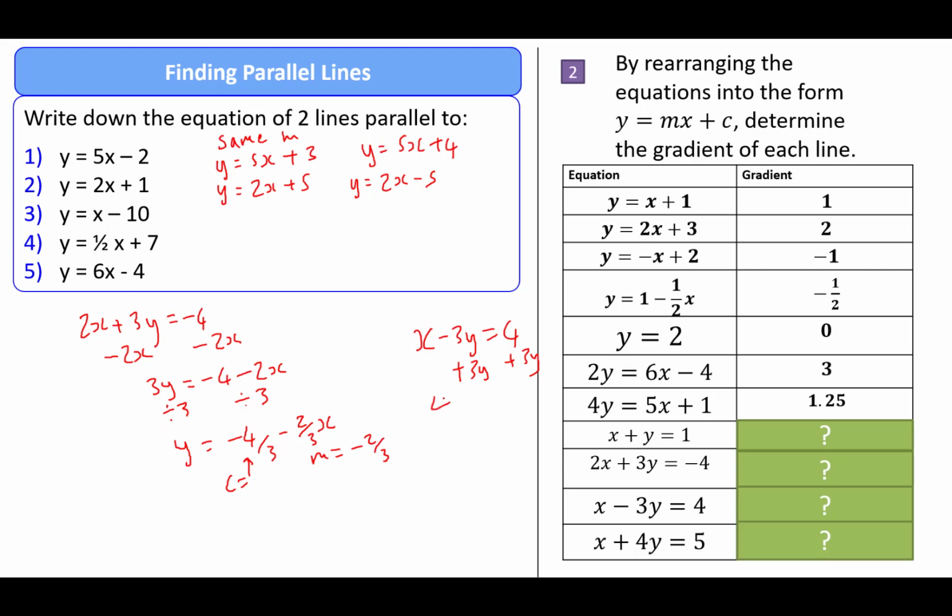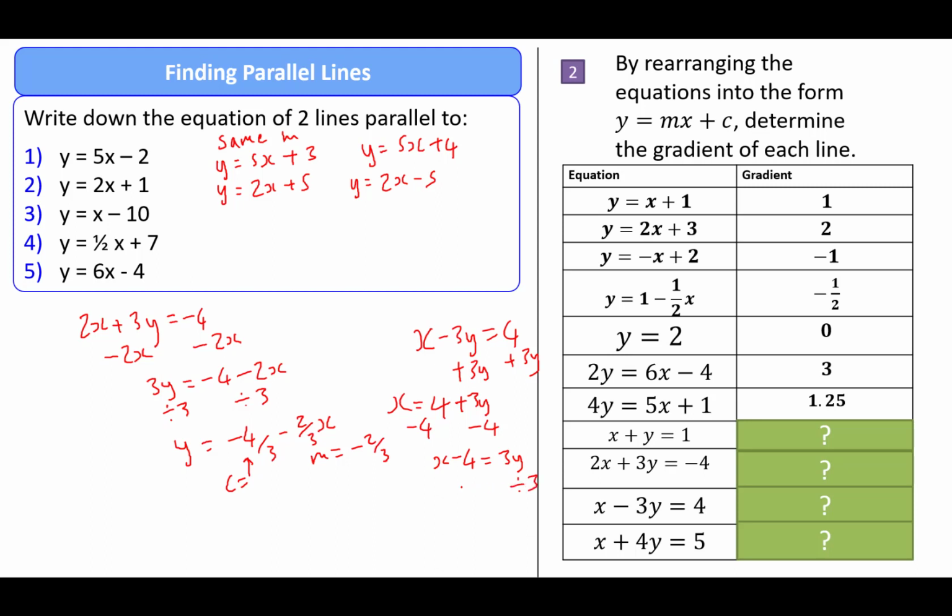So you get 4 plus 3y equals the x. What do we need to do here? We need to minus 4 on both sides, so y is on its own. You get x minus 4 equals 3y now.